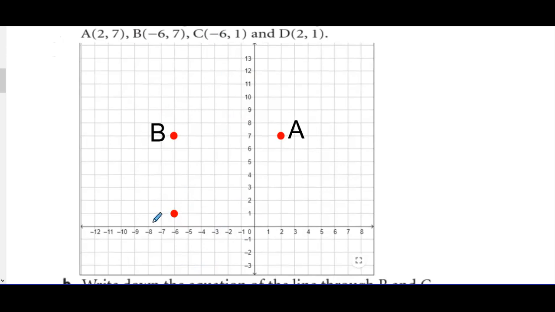Then you have to label that this is point C. And then you plot the last point, D, which is 2,1. So 2 is here, 1. That will be the point, and then go ahead labeling that point as point D.